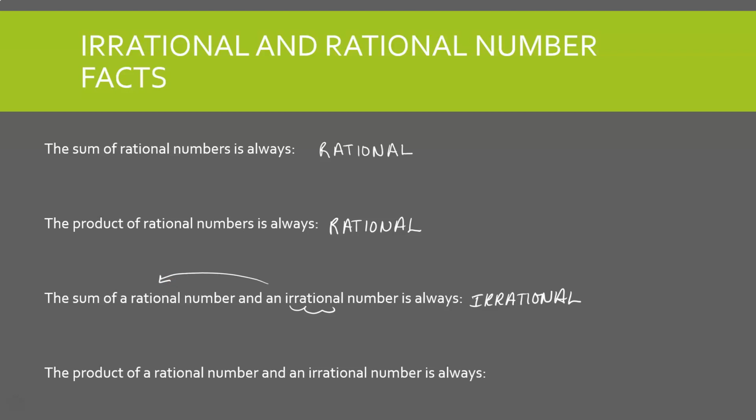So the sum of a rational and an irrational number is always irrational, and the same with the product. When you multiply a rational number and an irrational number together, you get an irrational result, unless the rational number in the product is 0. That's the only time that this isn't going to apply.